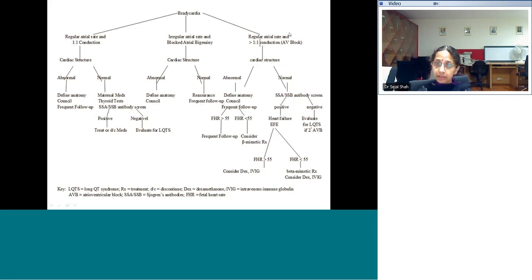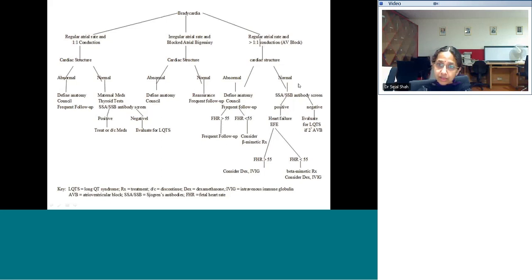The third component is the AV block. Now, if we have complete heart block and the structure of the heart is abnormal, then we understand that these babies may not make it. The mortality is a little higher, frequent follow-ups, and deliver early.